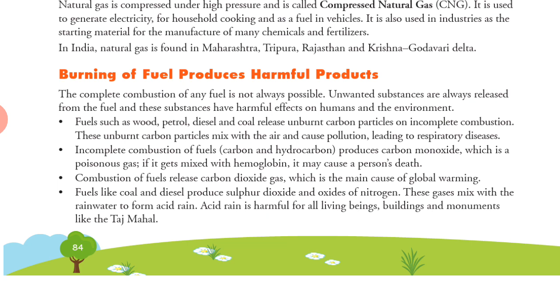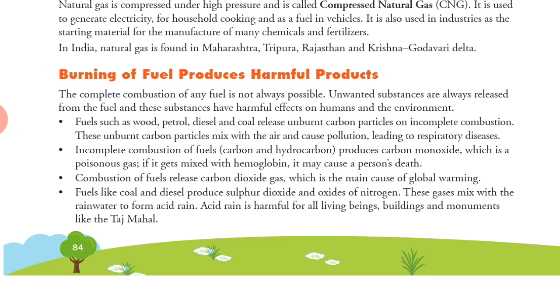Incomplete combustion of fuels produces carbon monoxide gas, which is a harmful, poisonous gas. It gets mixed with the hemoglobin and may cause death also. Combustion of fuel releases carbon dioxide gas, which is a main cause of global warming.